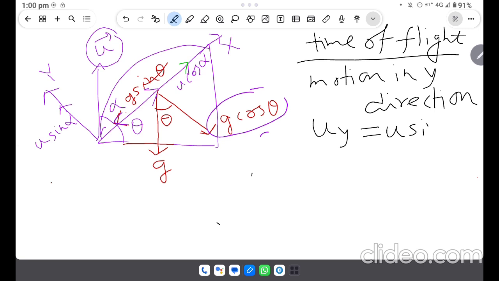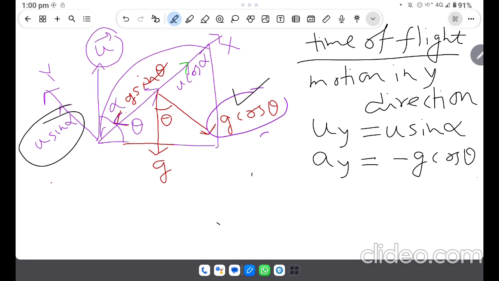And the acceleration ay is minus g cos theta. Time of flight means the time required when the projectile moves from the initial point to the final point.